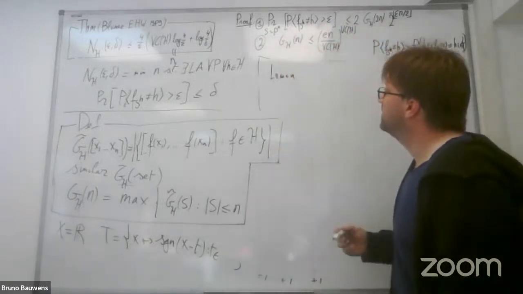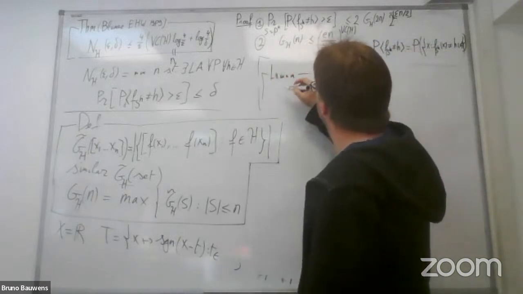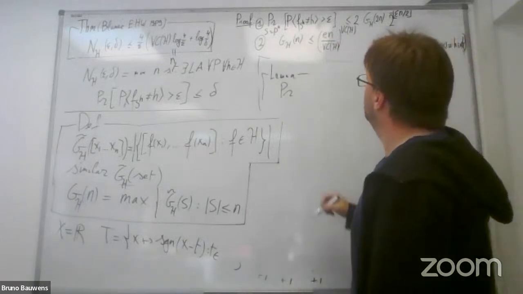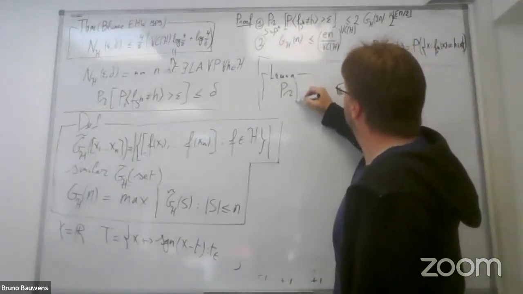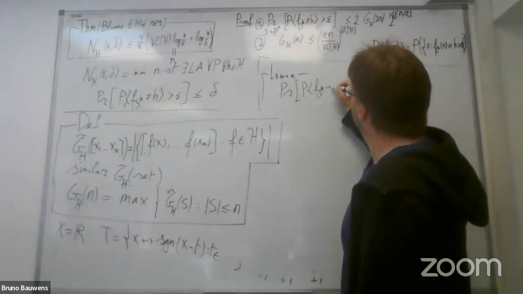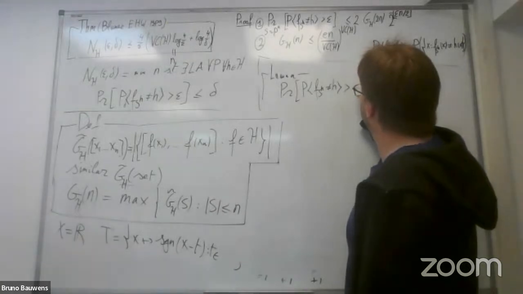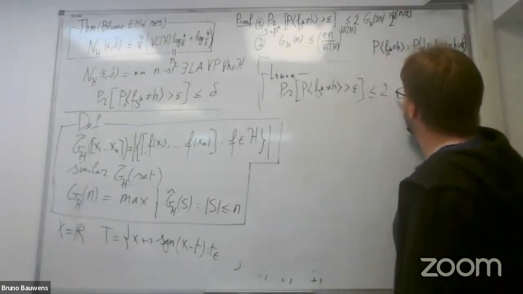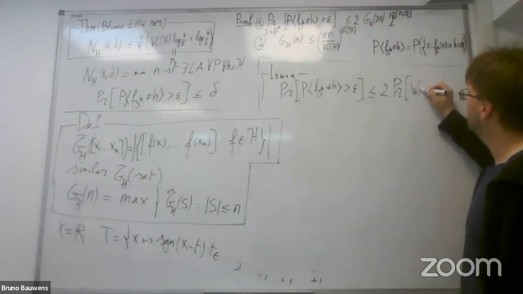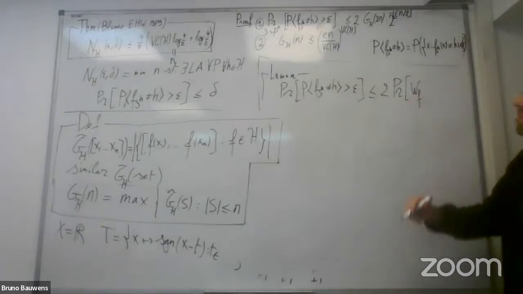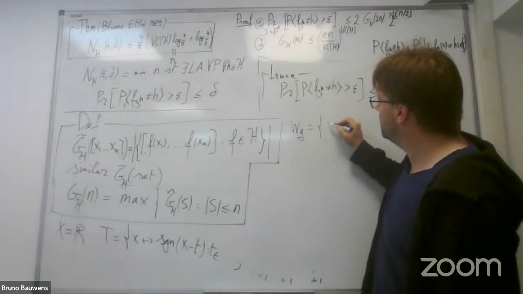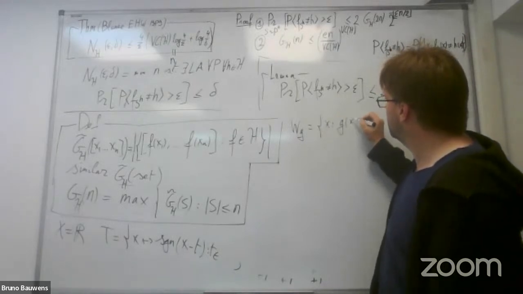So the first lemma says that if the test set is generated, then the probability of H being bigger than epsilon is smaller than 2 times the probability of WG intersect T. I will use the notation WG is equal to the set of inputs where G makes a mistake.